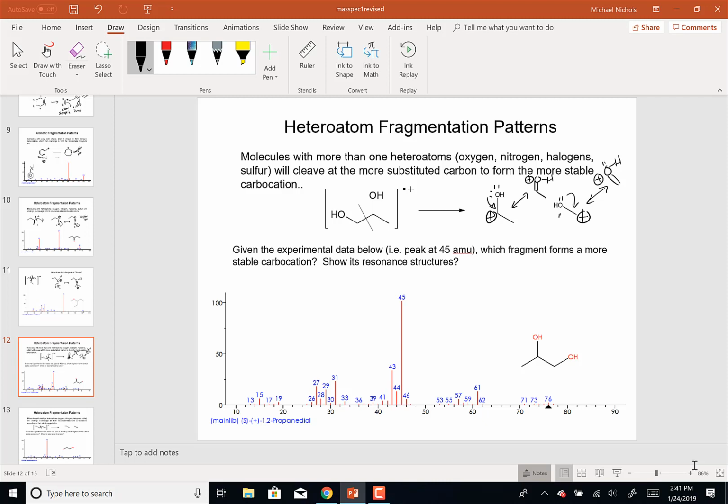Do we agree with 45? I'll agree with 45. So this one weighs 45. What's the other one weigh? 31? I think I agree with that.